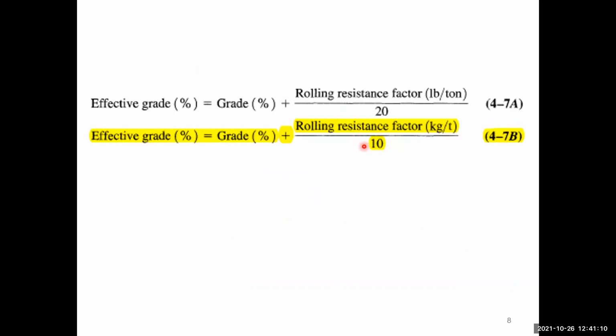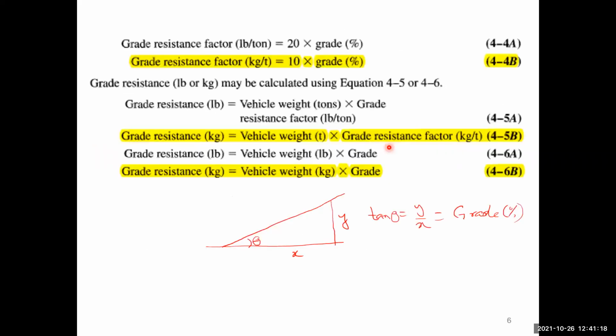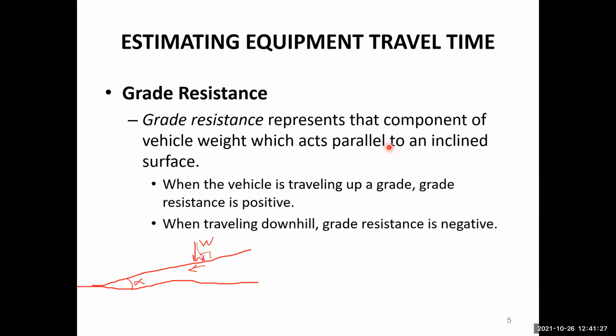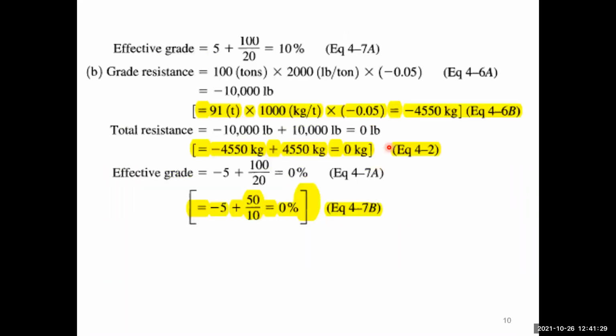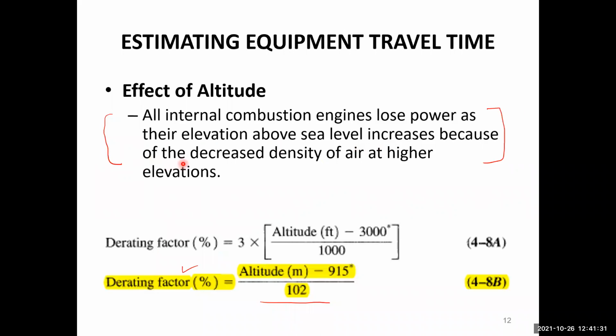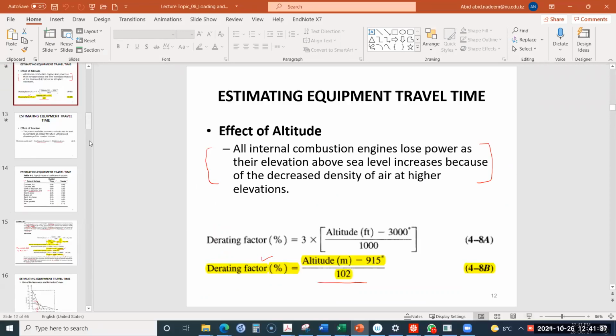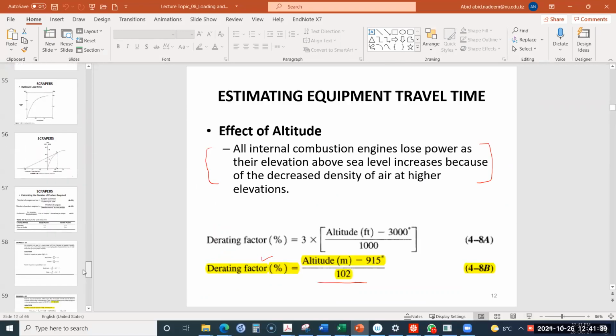So if we find the rolling resistance and then divide by 10. So 50 was the rolling resistance in this case, which is to be seen from tables like this. Let me show it over here. So we were at this slide.